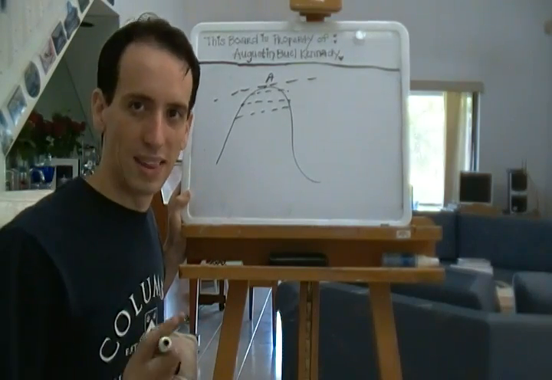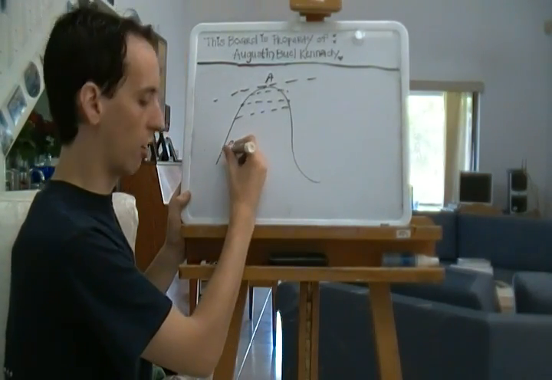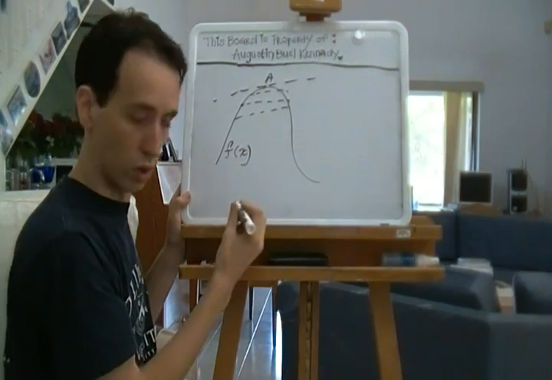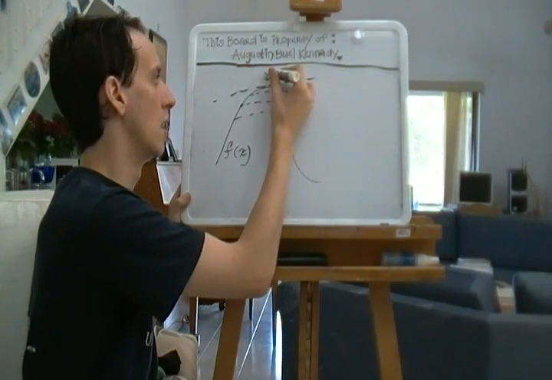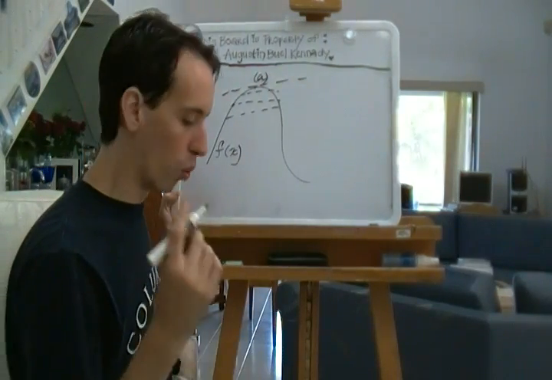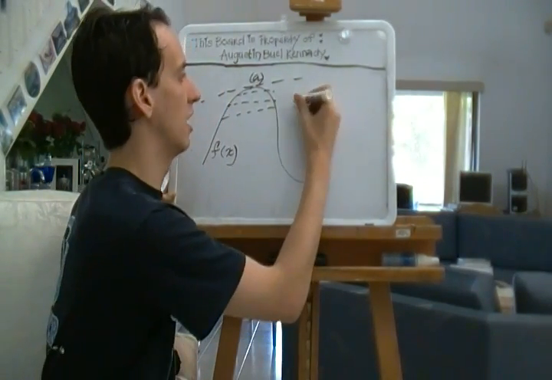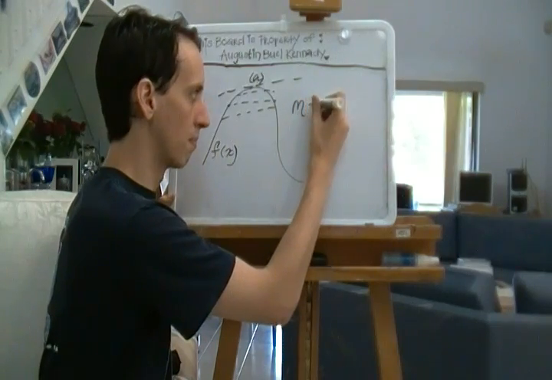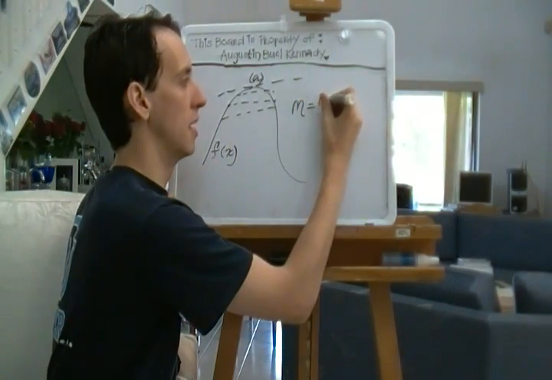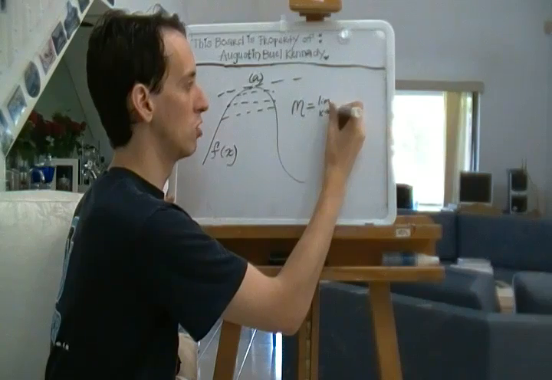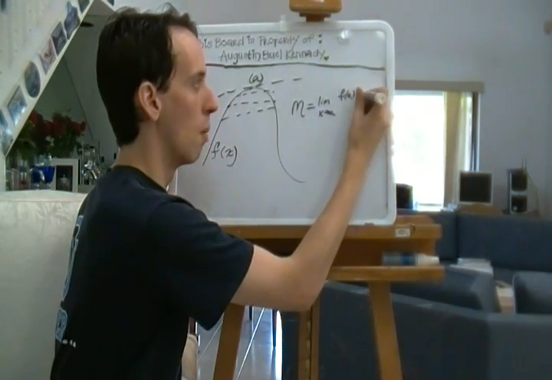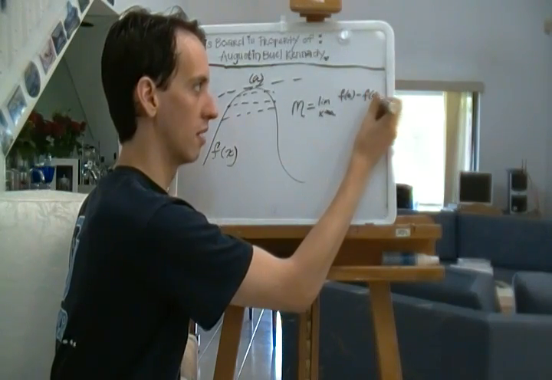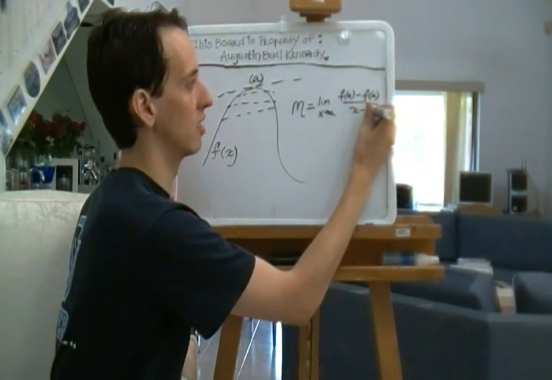And the way that we write this, if this curve right here is f of x, okay, and this point is A, I'm going to make it a lowercase a, this point is A. The way that we write this, the tangent line, is the slope is m equals the limit as x approaches a of f of x minus f of a over x minus a.